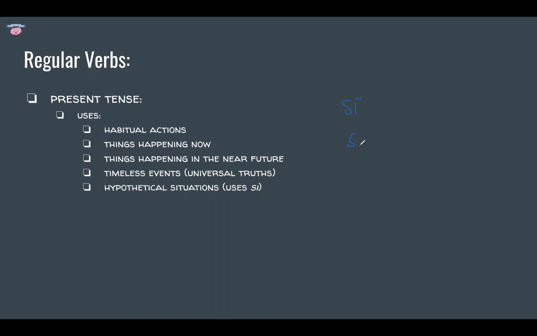And if in Spanish has no accent, it's just si. So that's the difference between them. For hypothetical situations, you can say something like, if you come over to my house, I will cook food. I would cook dinner or something. You would have to use if first, and then you would use present tense.